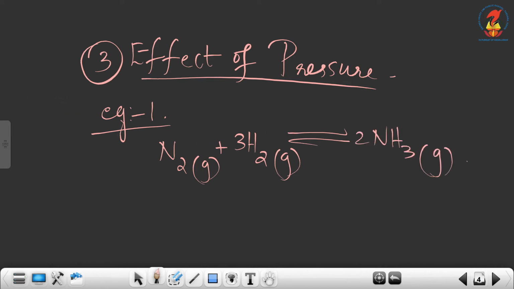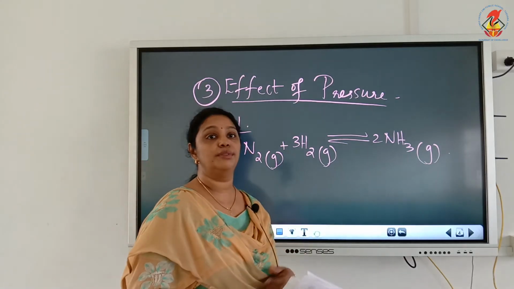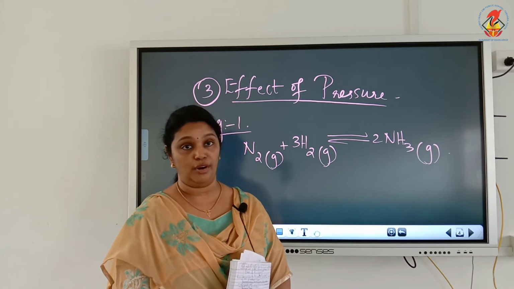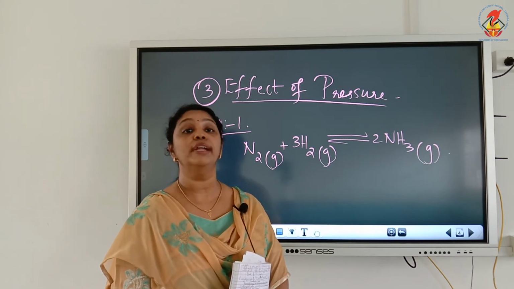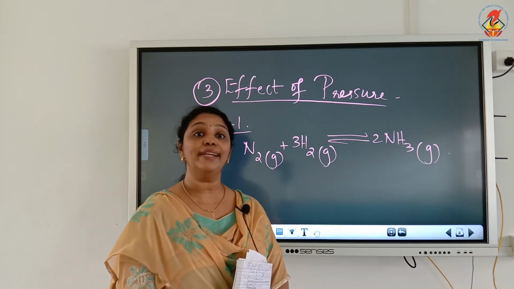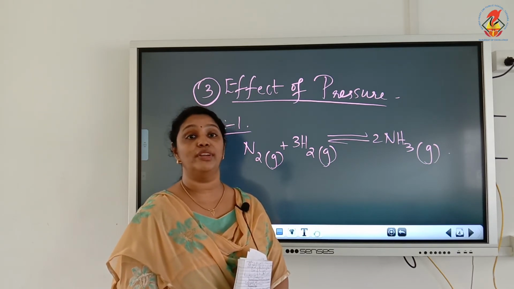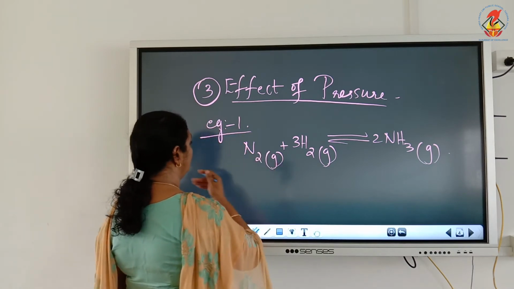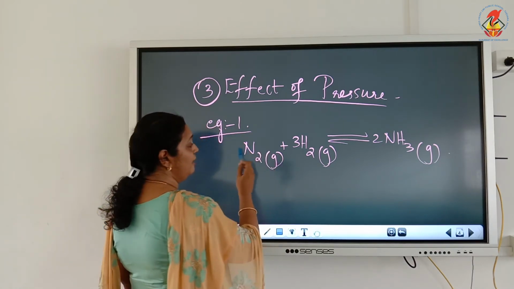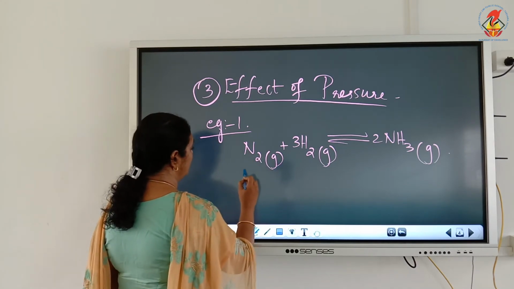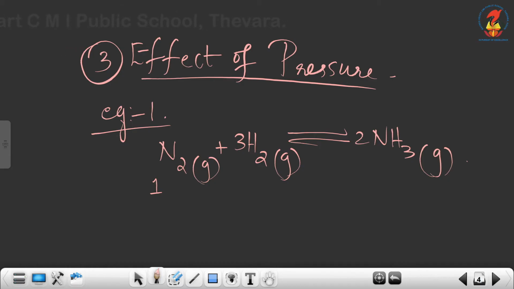NH3 gas. Now here what we have to see is the total number of moles of reactants and products. And to find the number of moles of reactants and products, we have to look at the stoichiometric coefficient. And you know, where is the stoichiometric coefficient written? It's written on the left-hand side before the symbol. So here for nitrogen, nothing is written, which means it is 1, plus what is the stoichiometric coefficient for hydrogen? 3.